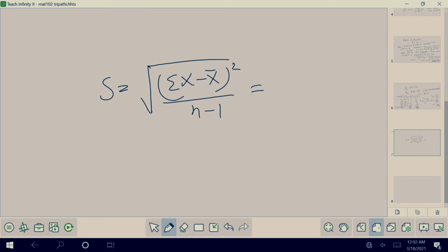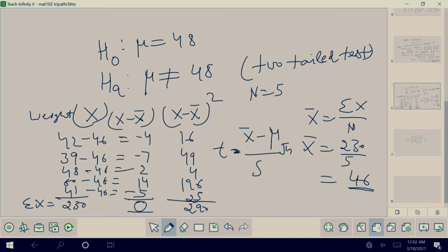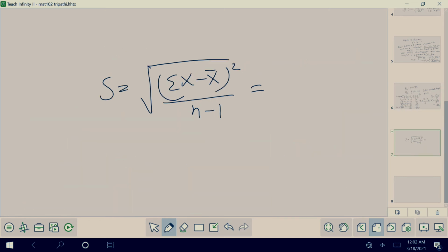And what was the value of (x minus x bar) square? See, that is 290. 290 divided by n, 5 minus 1, right. So, this is 290 divided by 4.